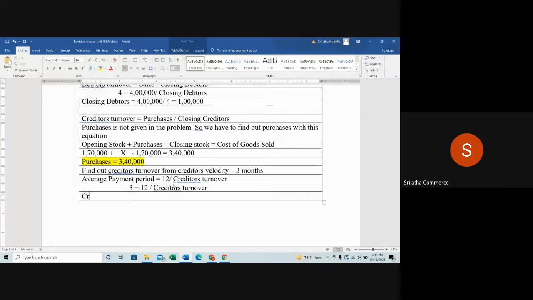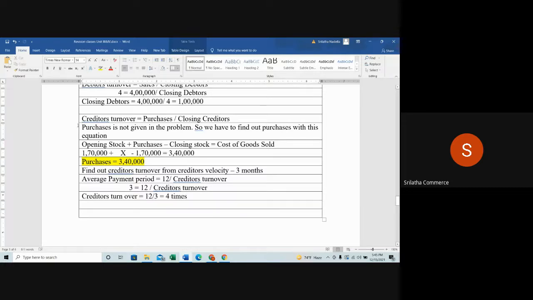Creditors turnover is equal to 12 divided by 3 is equal to 4 only. Even this you got, 4 times.